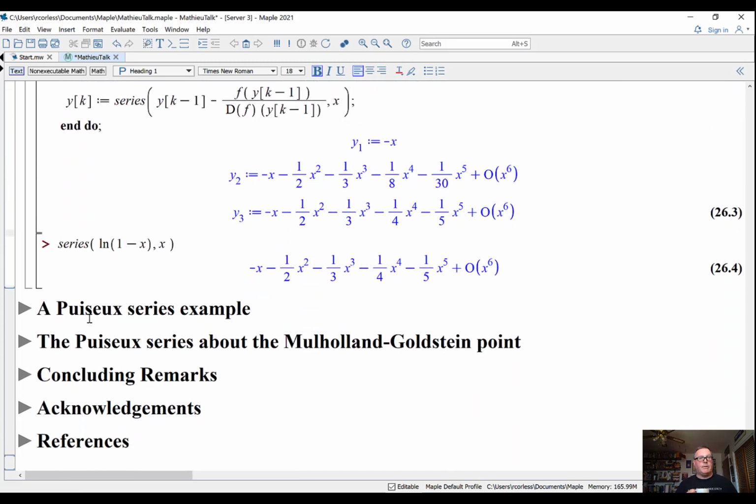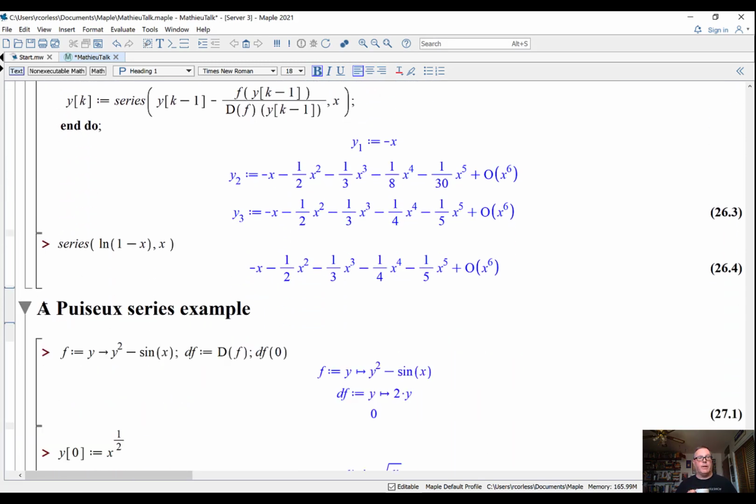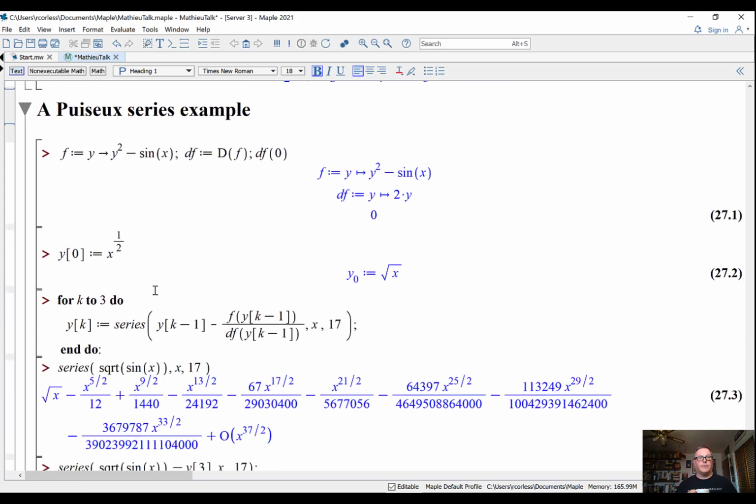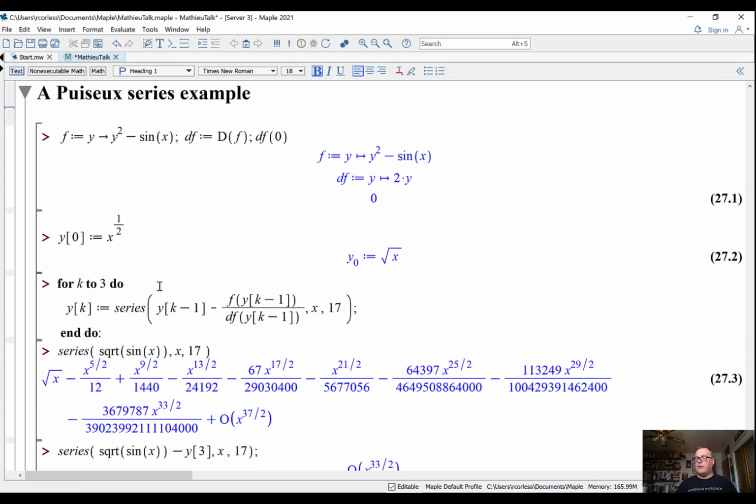Well, I claimed that this worked for Puiseux series as well, and it does. So let's take the function y squared minus sine of x, so y squared minus sine of x equals 0. It means y is the square root of sine of x. Starting with an initial guess of 0 here won't work because the derivative is 0 at 0.